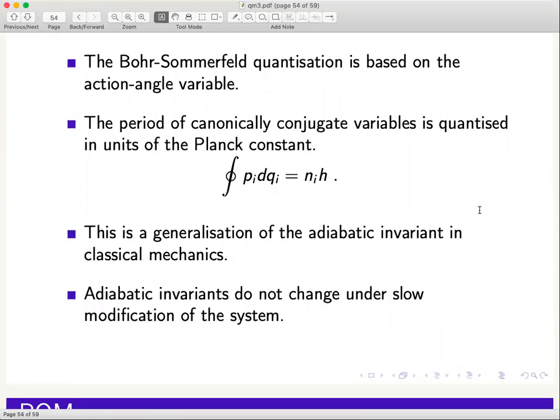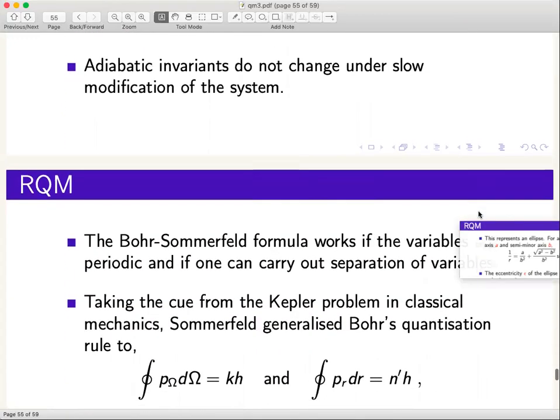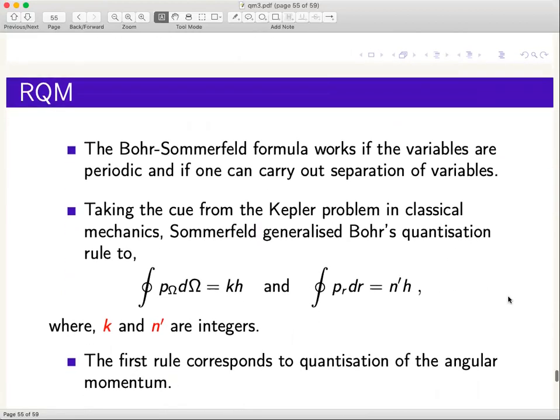Later on Sommerfeld showed that it is not just the integral of p dq for linear momenta, but you can generalize it to angular momenta also. That is the Bohr-Sommerfeld formula. The Bohr-Sommerfeld formula has the advantage that you can use it when the variables are periodic and when you can do separation of variables.